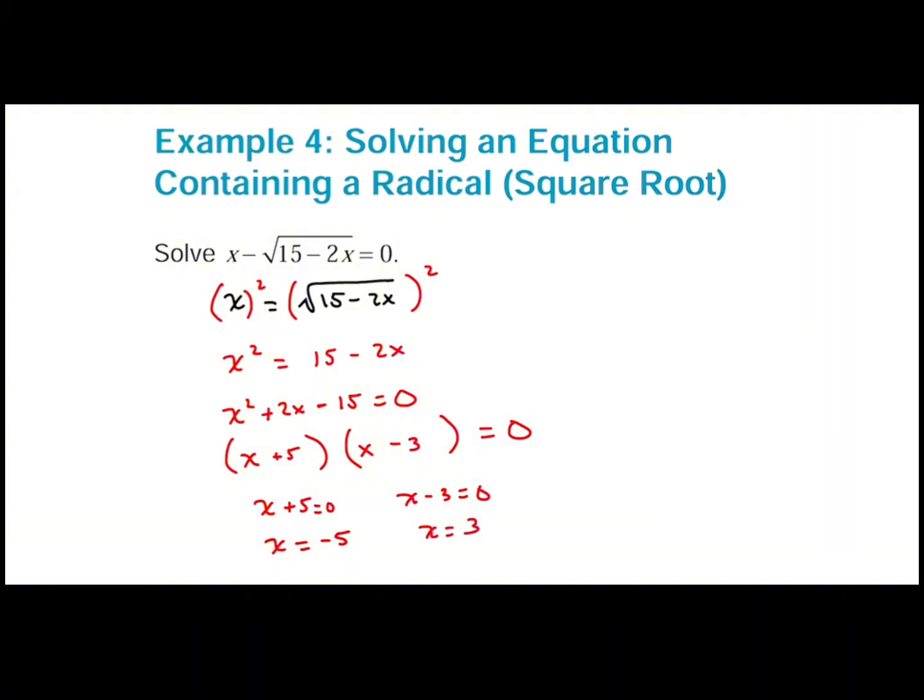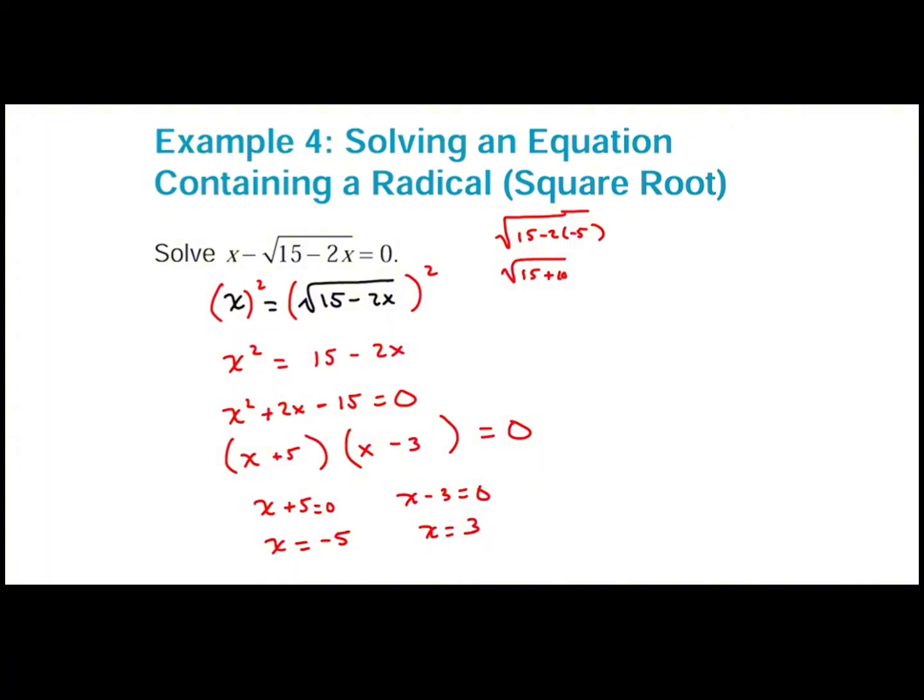Now, you have to go back and check and make sure you don't get a negative number under the radical. If I were to put in the square root of 15 minus 2 times negative 5, that's going to give me the square root of 15 plus 10. We don't even have to finish that. We still get a positive number, so we don't need to worry about that. Remember, it cannot be a negative under the radical.